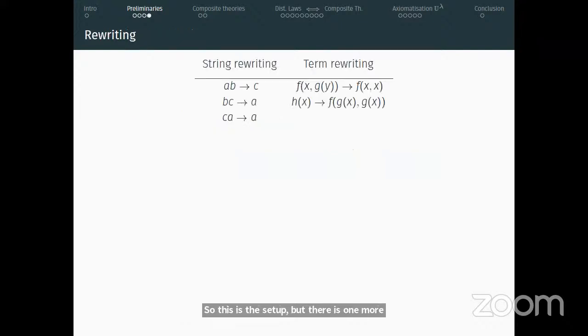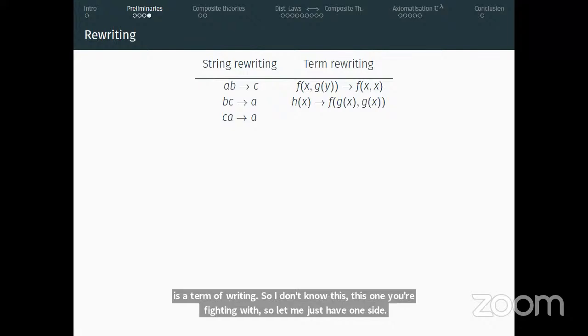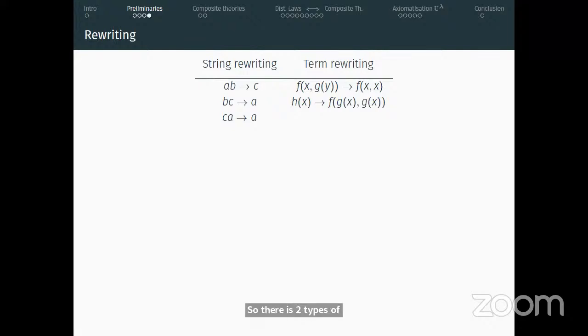I don't know if you're familiar with this, so let me just take one slide. There are two types of rewriting that I will use, called string rewriting and term rewriting, where the first one can be seen as a special case of term rewriting where every function symbol has arity 1.